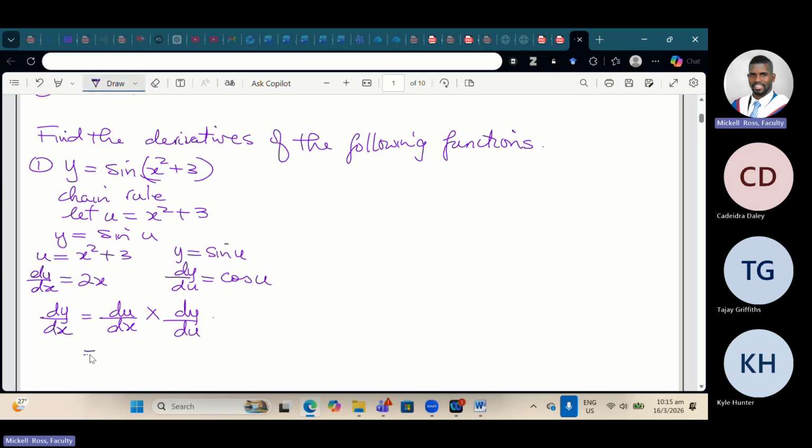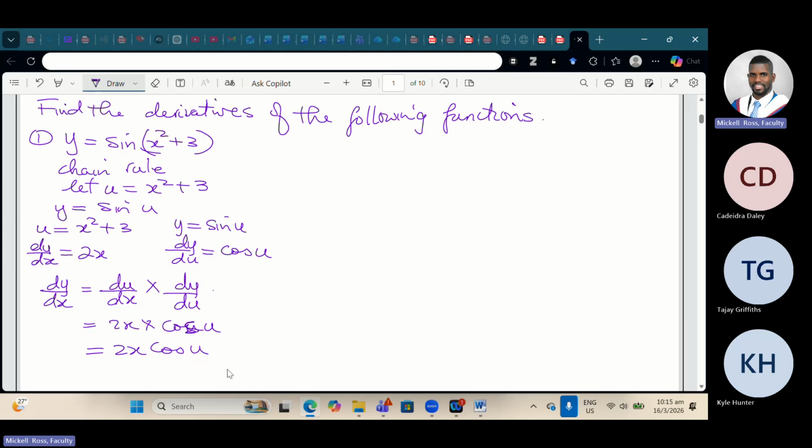So du/dx is 2x, and it's going to be multiplied by cos of u. So it's going to give us 2x cos u. But bear in mind, we know what u is. We had said that u was equal to x squared plus 3. So this is going to be 2x cos of x squared plus 3. So that is what we would get for the derivative of that function.